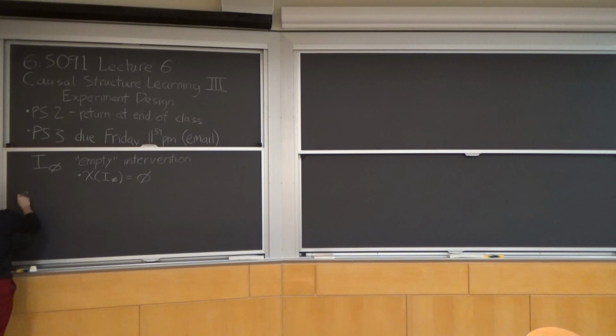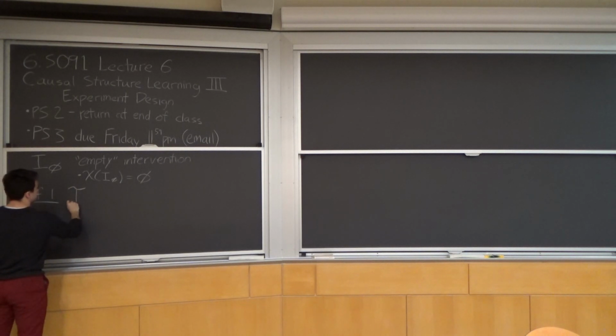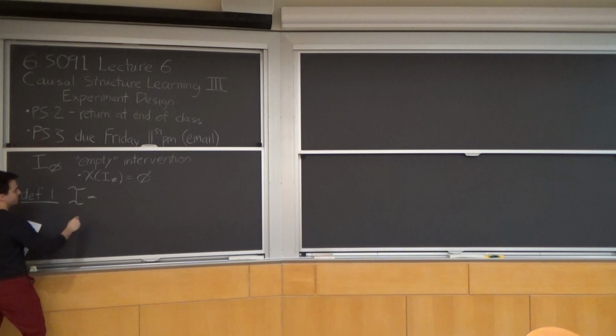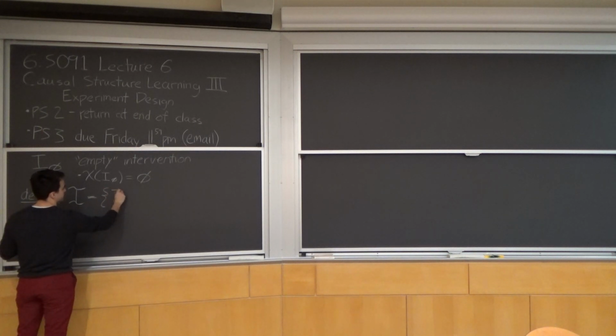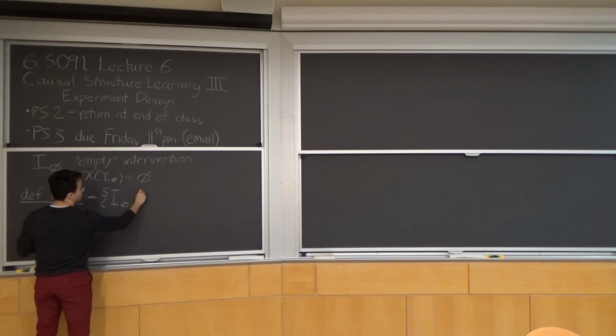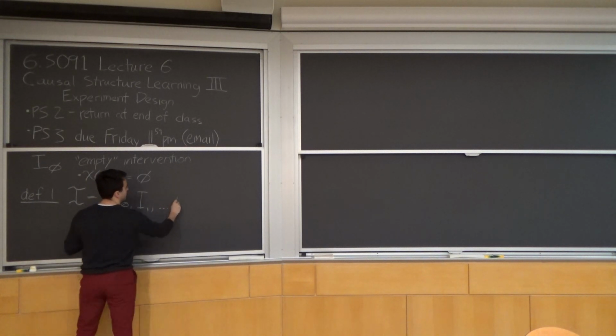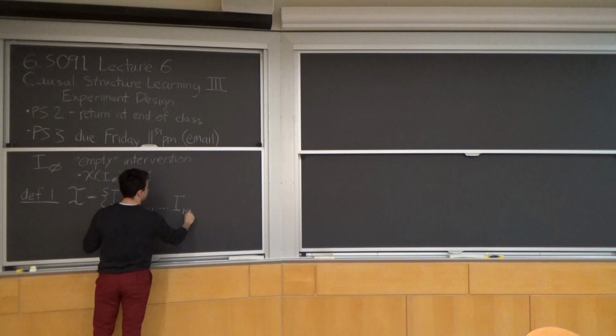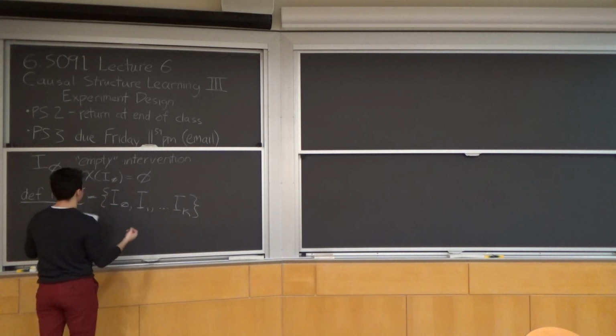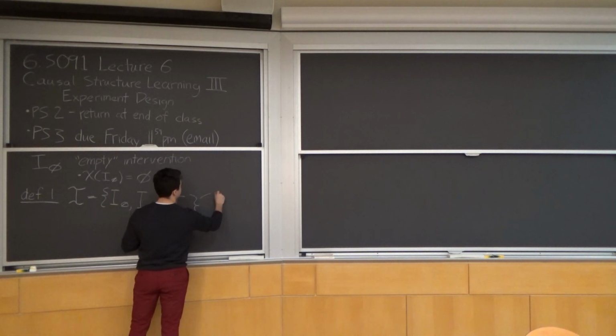So it's going to be our first definition. We're going to denote the set of interventions as this calligraphic I, and that's going to have this I empty set along with I1 through IK. So let that be a set of interventions.